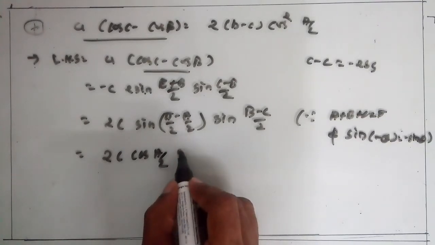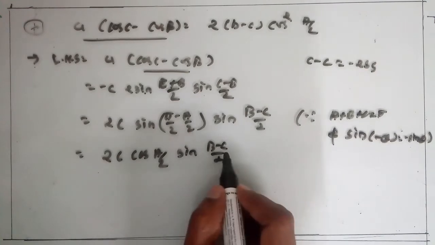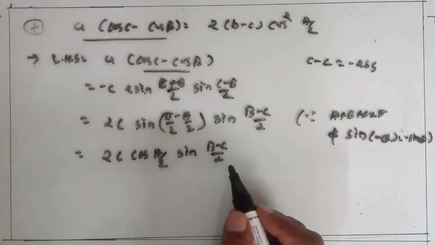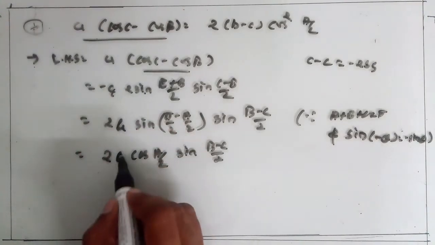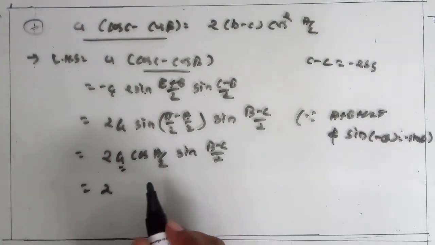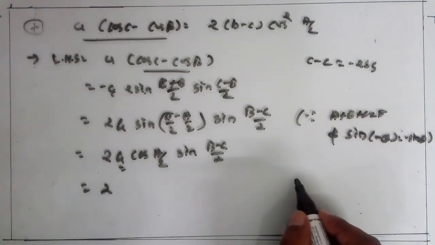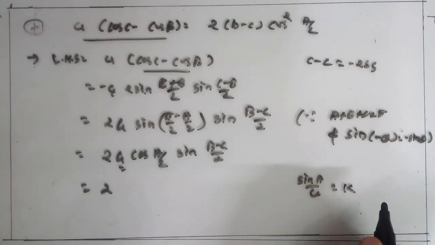Into sin of (B minus C) upon 2. Okay? Here a is given. So it is equal to 2. Now a is equal to, you know, by sine rules, sin A upon a is equal to k.